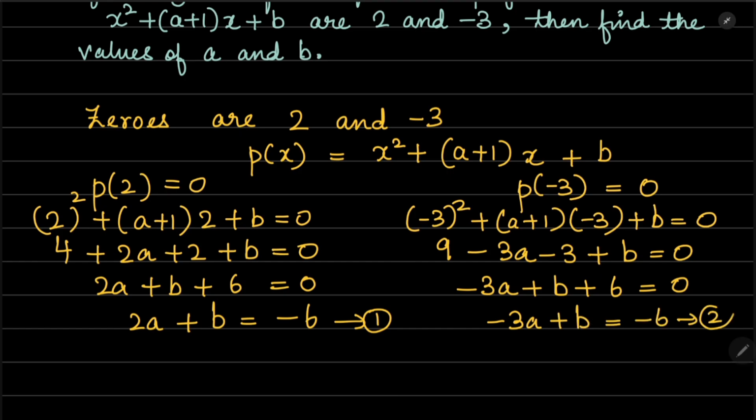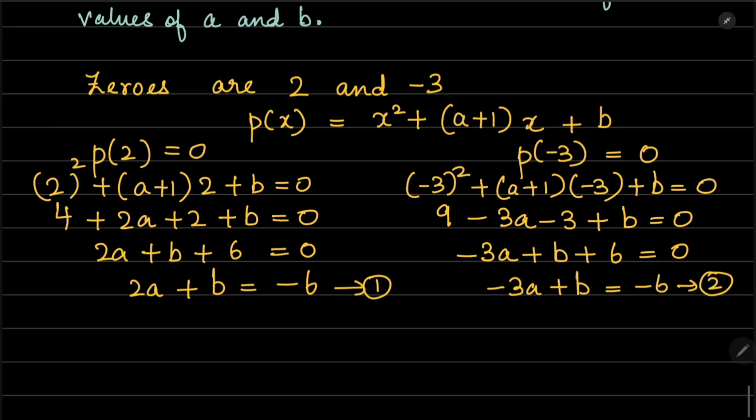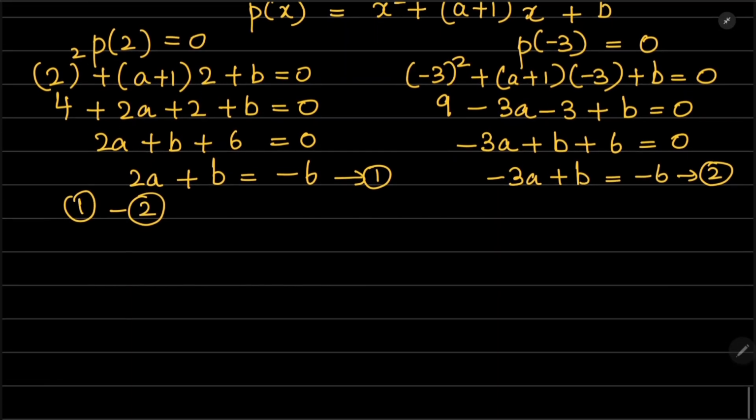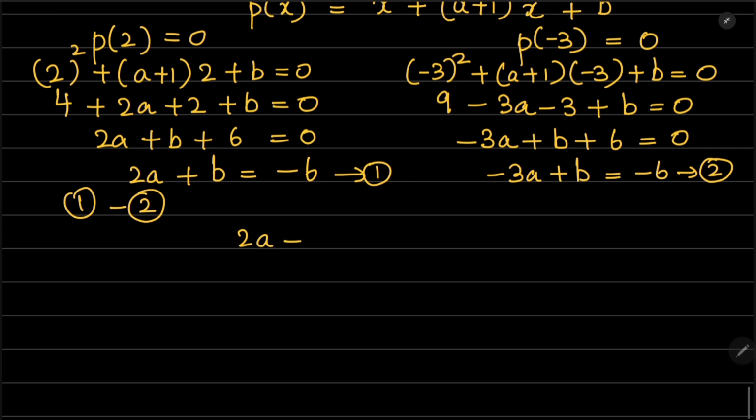So this is equation 2. Let's subtract equation 1 minus equation 2. So what do you get? 2a plus b equal to minus 6 and minus 3a plus b equal to minus 6. Change the sign whenever you are subtracting, change the sign.